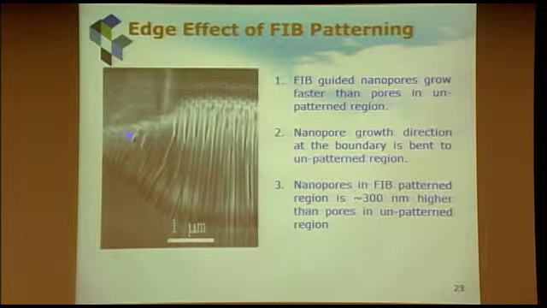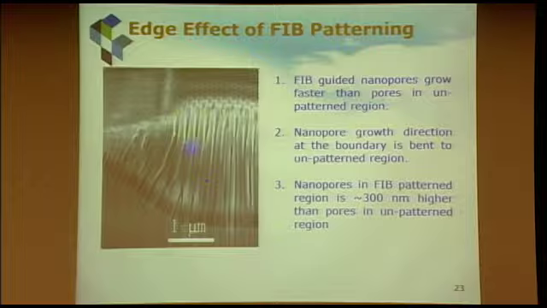So the pore here grows a lot shallower. Not only that, they get bent. So this first point is very clear: you get much deeper pores, and then they bend. And actually, not only that, we also have a higher region because of the expansion during the anodization process.